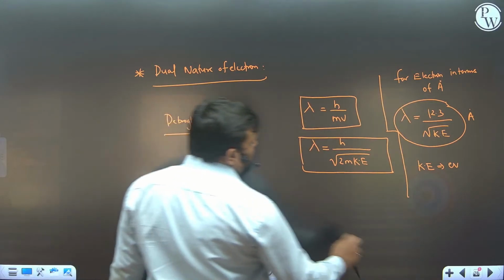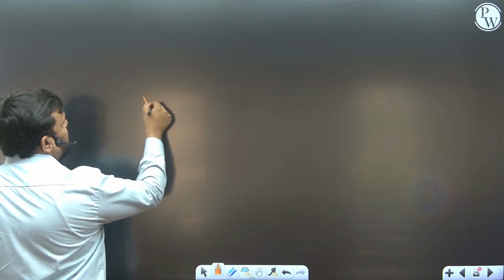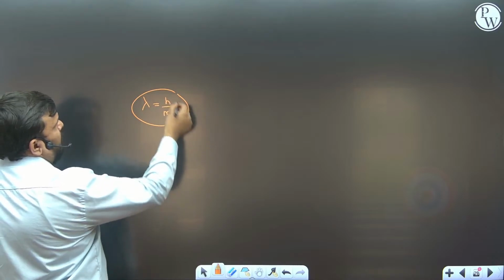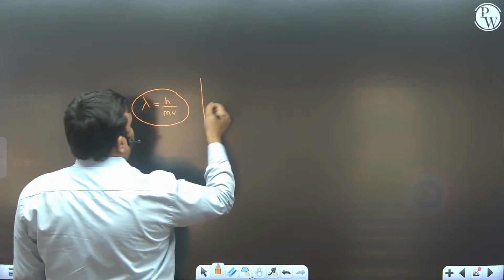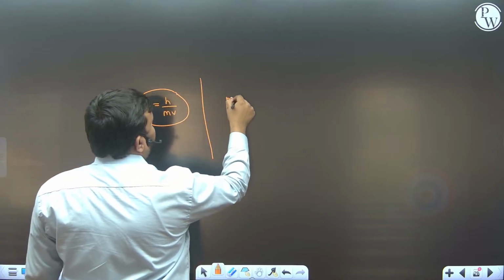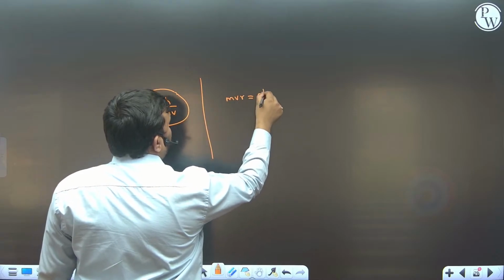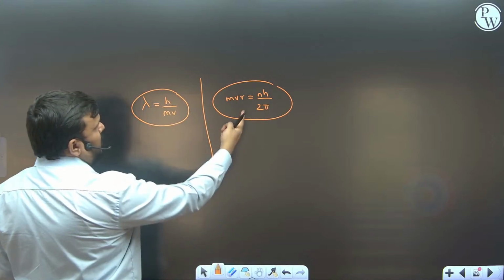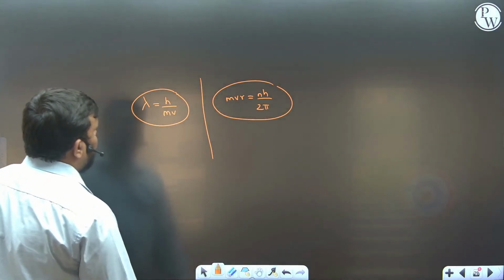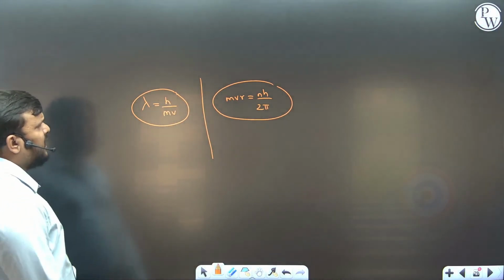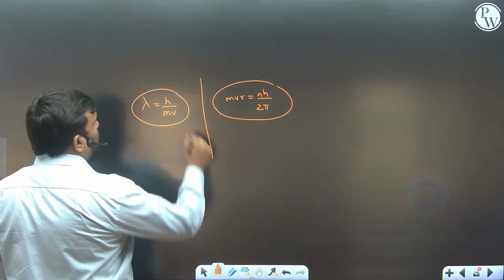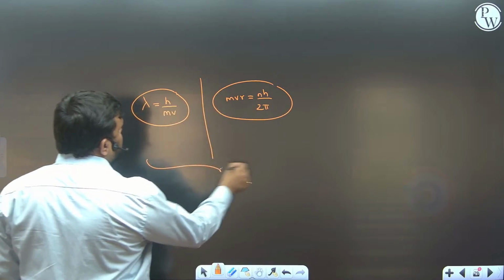Yes, one combined question you can have is lambda is equal to h upon mv, this is the de Broglie wavelength, and one more equation, mvr is equal to nh upon 2 pi, which is our Bohr model second postulate equation. By having these equations together, they ask a question, so let us see what equation we get by combining these two.